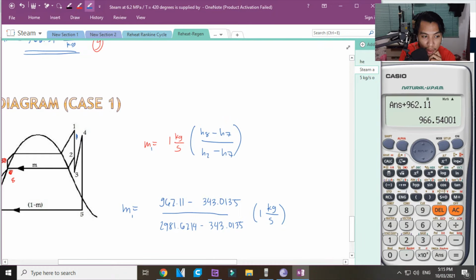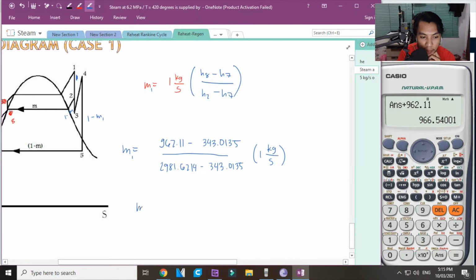1. Pumasok dito is 1. Lalabas dito 1 minus M1. 1 minus M1. Yun, paikot na lang. And then, you can have yung M1.